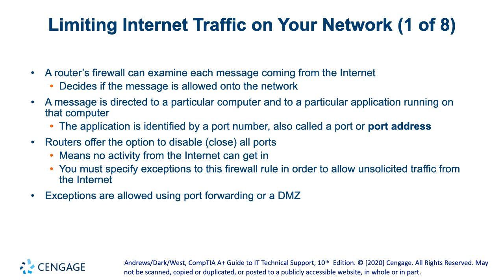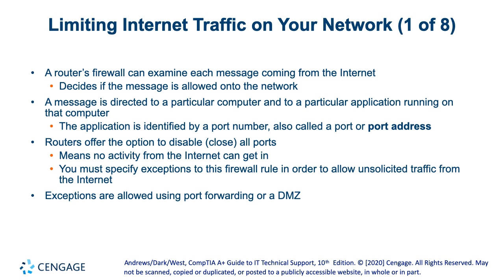You can then allow exceptions for specific computers or applications. So you could say, my laptop at this IP address has access to web traffic, port 80 and 443, but nobody else, right? So exceptions are typically allowed for port forwarding or for a DMZ. DMZ, or demilitarized zone, is typically where organizations place their web servers, as users from the internet should be allowed access to the web servers so that they can view the website.